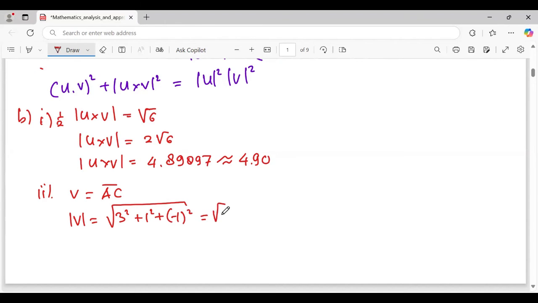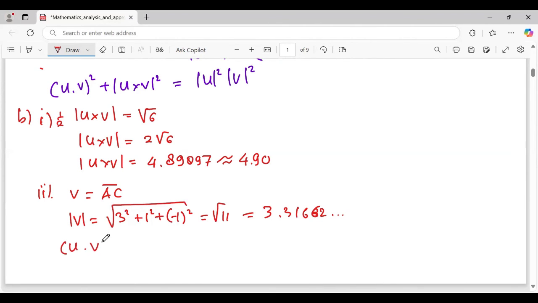It is square root 11, or in decimal, 3.31662 and so on.